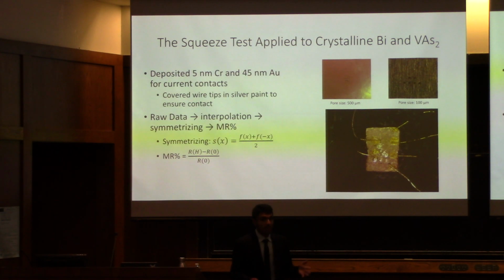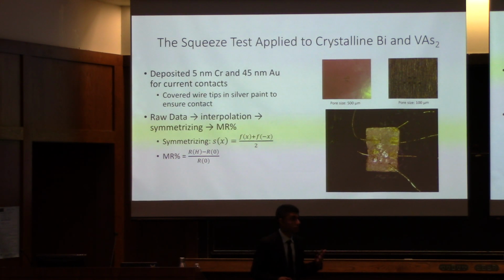So, our methods actually involved applying our squeeze test to crystalline bismuth to further confirm the study, and vanadium arsenide, which has not been studied before. In order to do that, we first deposited 5 nanometers of chromium and 45 nanometers of gold onto our material for our current contacts. We then positioned our wires ideally in this configuration in our silver paint to ensure contact.